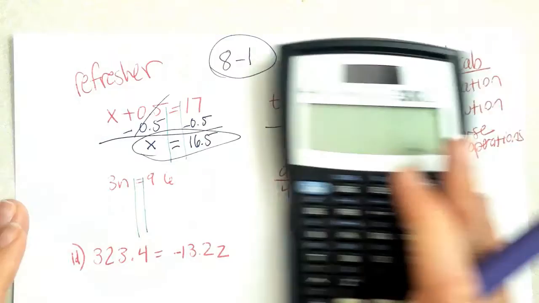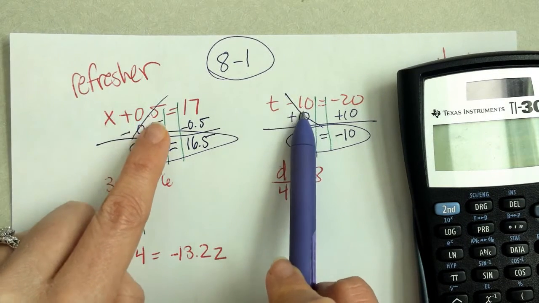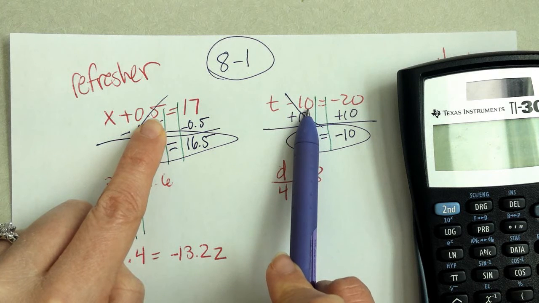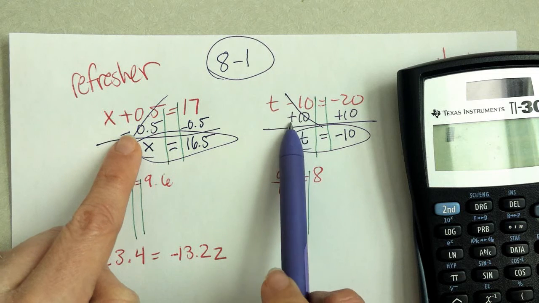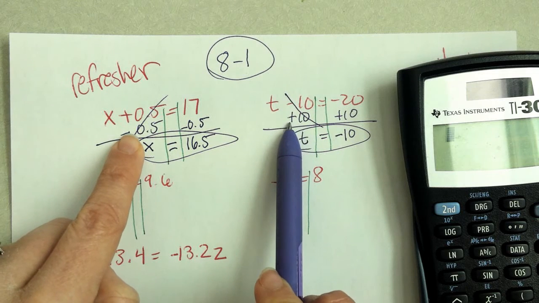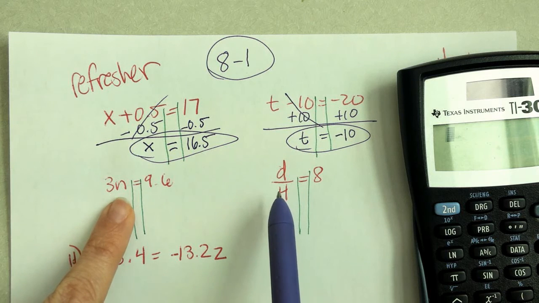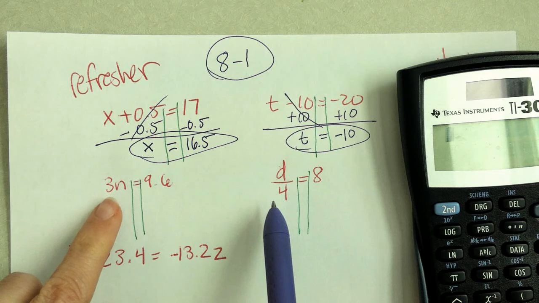My answer is correct. Notice, these are both constants, numbers by themselves, without the variable right next to it, or right with it. For constants, you can use adding and subtracting to get rid of the constant. When you have coefficients, these are both considered coefficients because they're right with the variable.